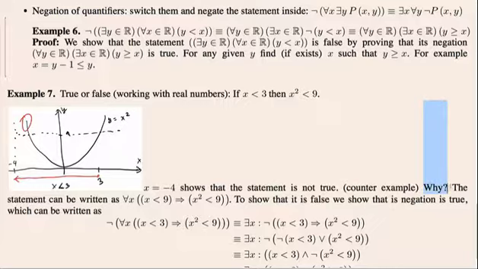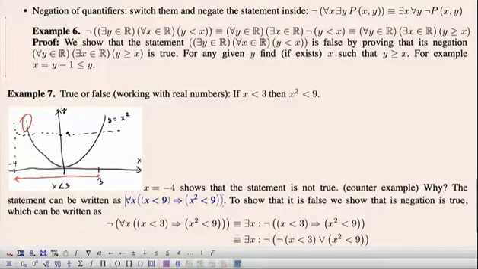Actually, if you want to use quantifiers and rigorous notation for the proof, then the statement that if x less than 3, then x squared less than 9, what we mean here is really that for all x, x less than 3 implies x squared less than 9.